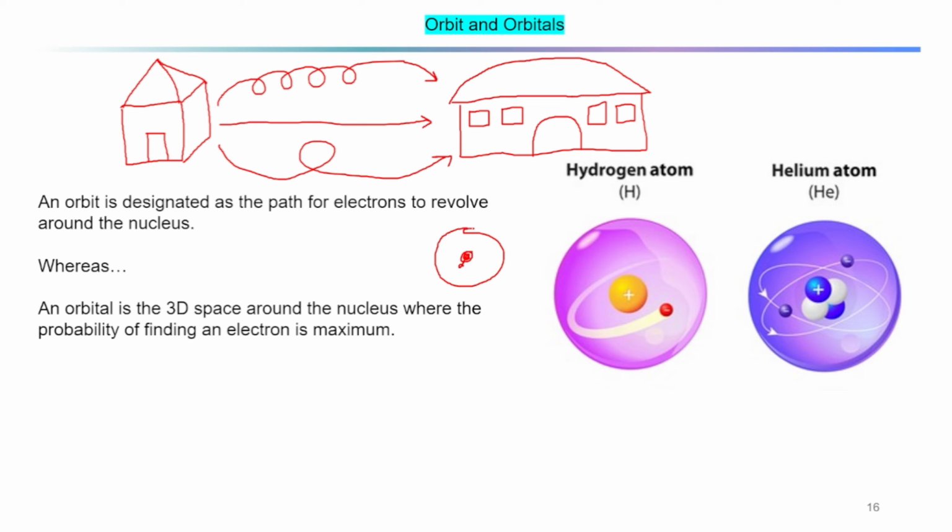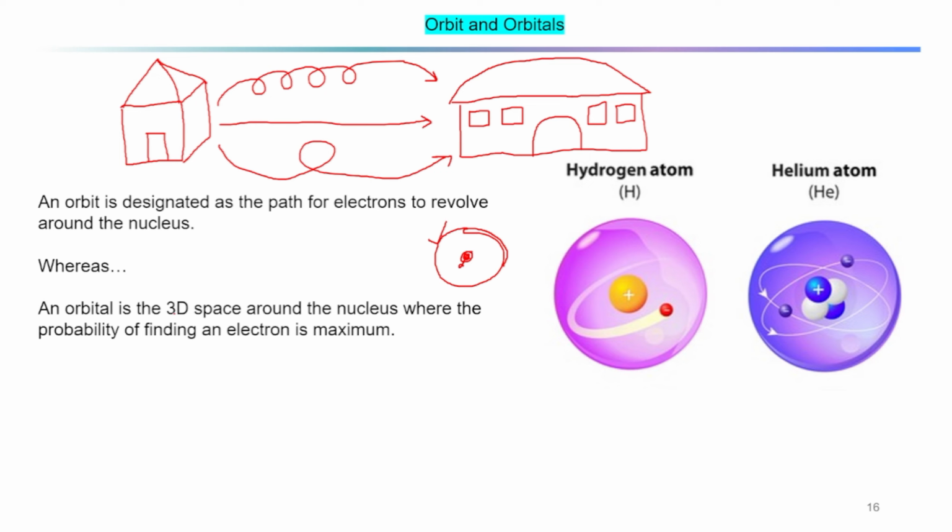My drawing is pretty bad, I'm using a very bad setup. So this is your proton and your electron is revolving around it. This is a two-dimensional picture, called an orbit, and I have just designated the path in which the electron is revolving around the nucleus.